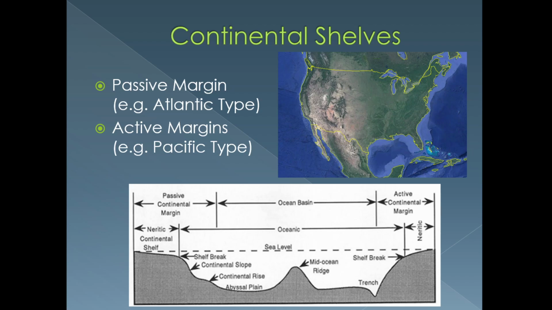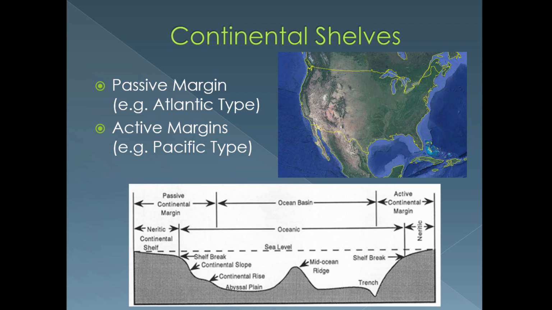So, depending on the type of plate margin, you can have different types of continental shelves. This is because the type of margin dictates the amount of space the continental shelf has before the shelf break and then going down onto the continental slope. In a passive margin, as you can see on the left side of this bottom image, you have a larger continental shelf with the ability to have more of a flat surface.